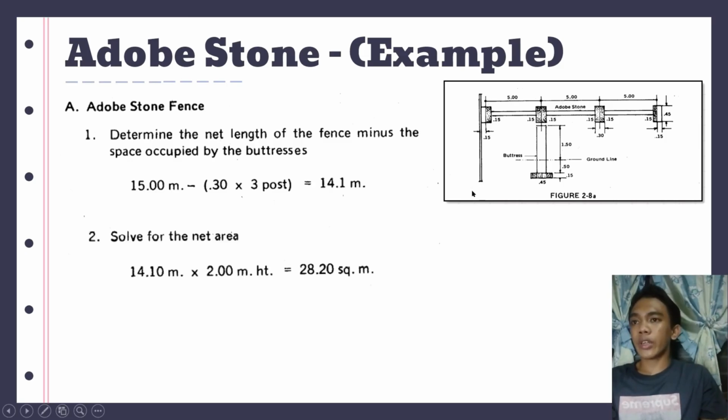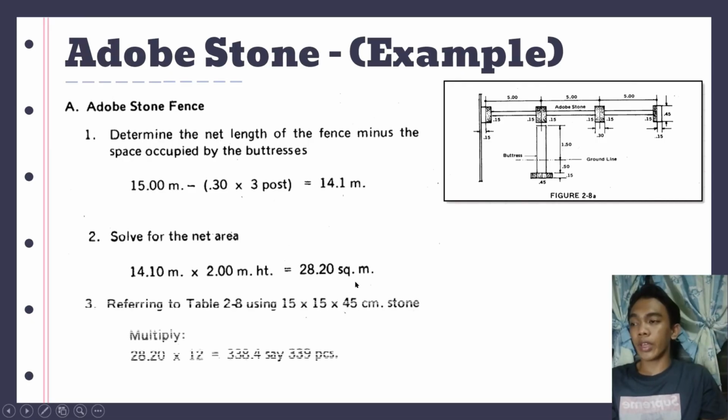Now for the net area, we just need to multiply the net length by its height, which is given as 1.5 from top to ground line and then 0.5 from ground line to the footing. So we have here 28.20 square meters.